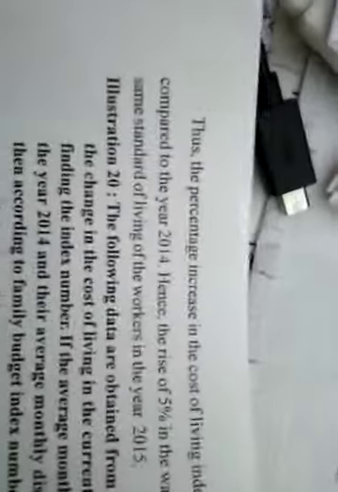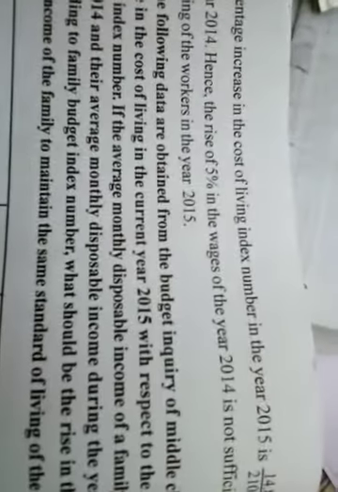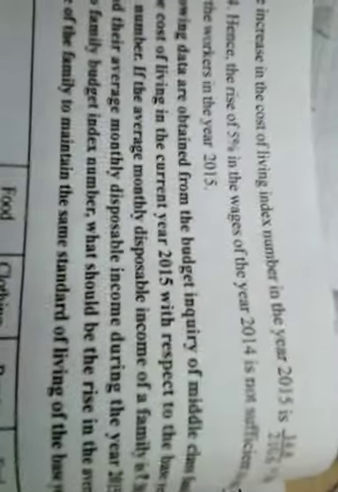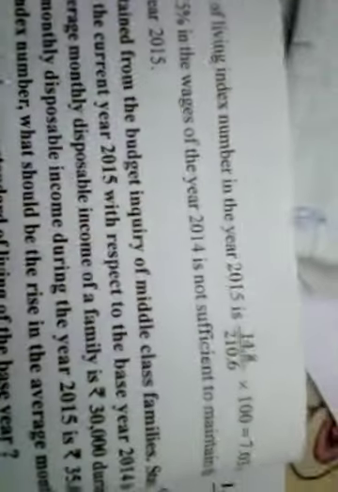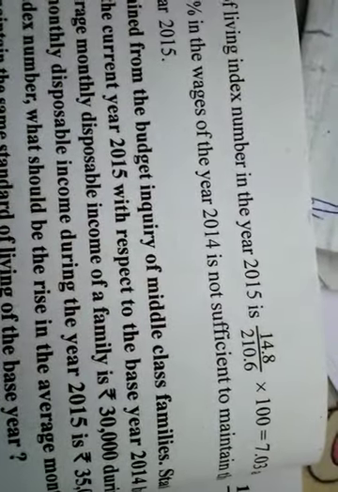Therefore, what we conclude is that the percentage is not enough. The percentage increase in the cost of living index number in the year 2015 is 14.8 upon 210.6 into 100, which is equal to 7.03.